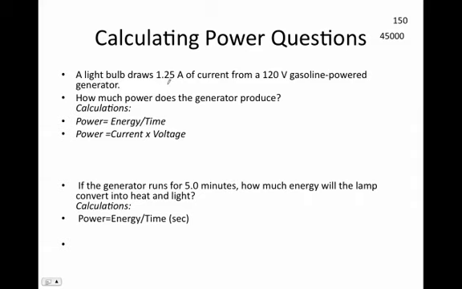Let's try another one. This time we have a light bulb that draws 1.25 amps of current, and it's connected to a 120 volt power source. How much power is generated this time?